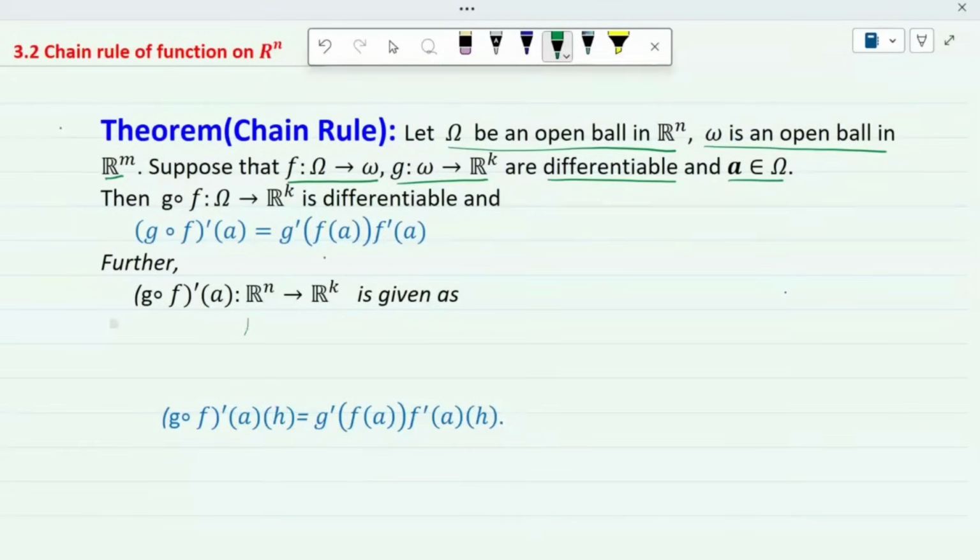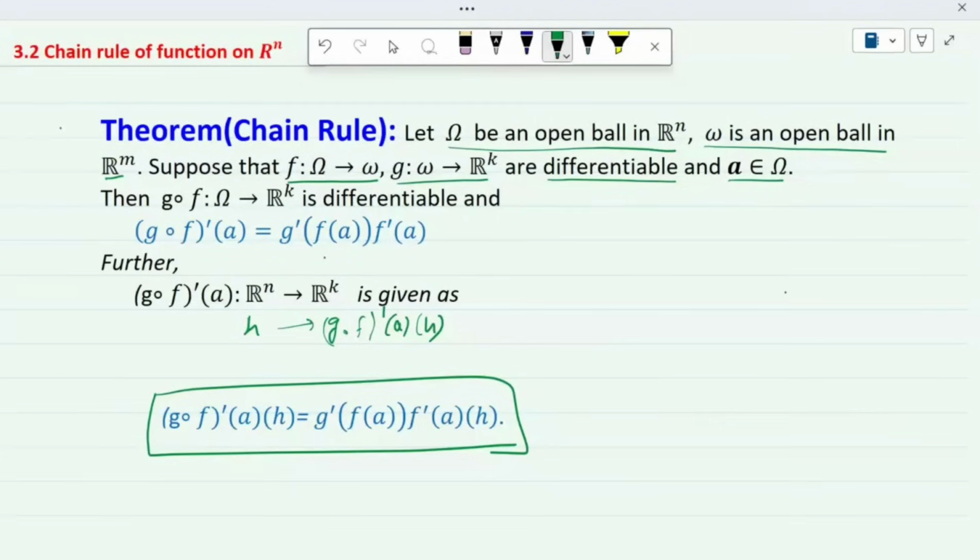In particular, if we have an h here, then this gives you (g composition f) dash a applied to h, and this is given by this formula. So this is the basic definition of the chain rule. Now we'll try to solve some numerical problems using this chain rule.